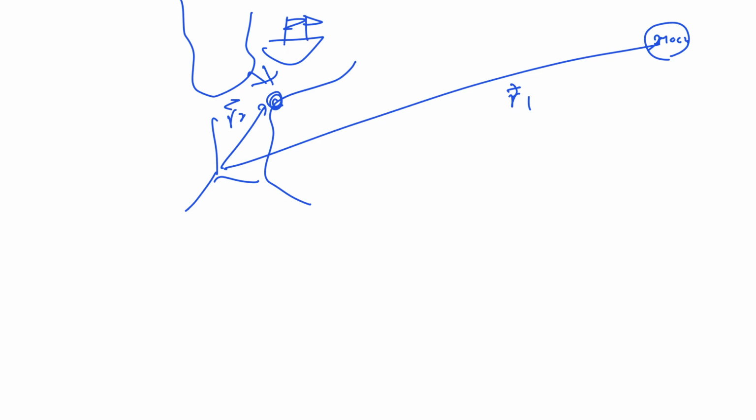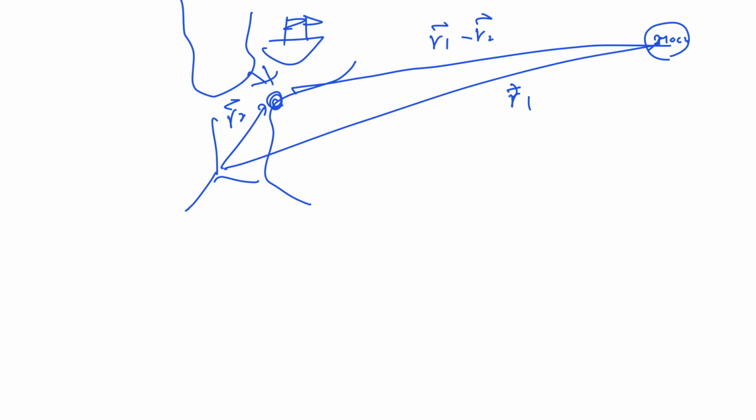So there is a Moon. R2, right? So this is R1 minus R2.